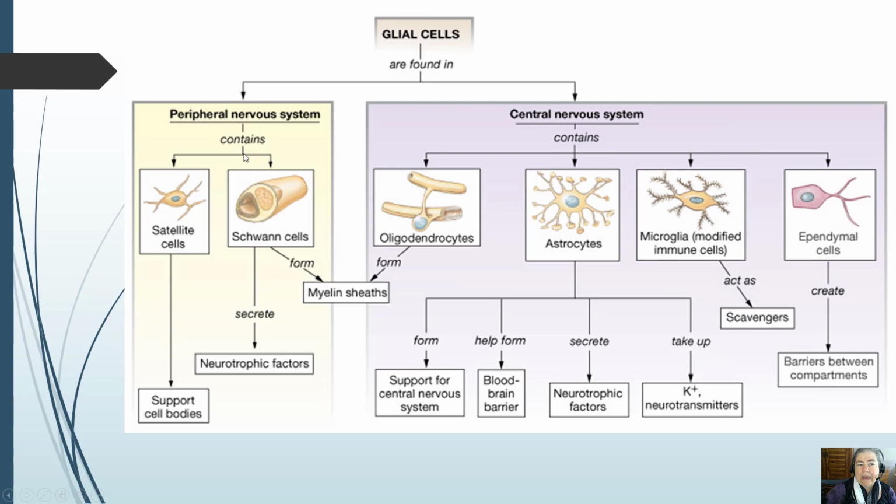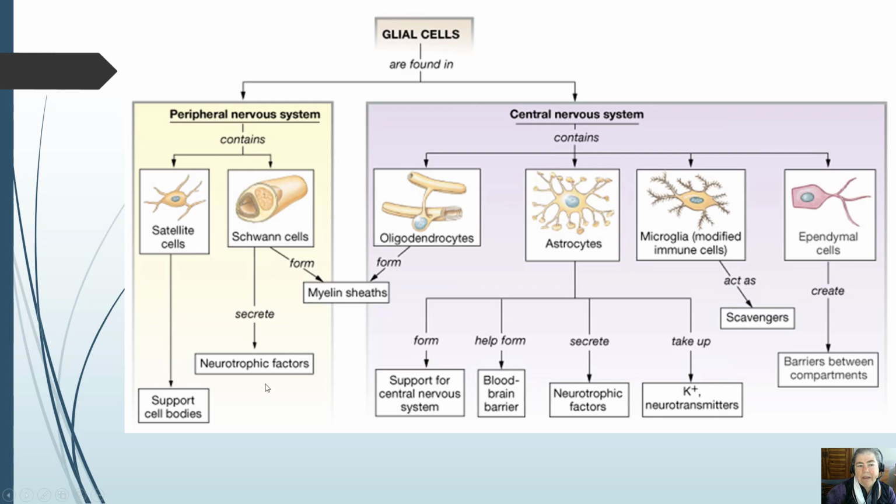Something in addition glial cells do is that they make growth factors that help to promote the health and growth of neurons, and in fact, sometimes the reproduction of neurons. It's not true that you can't grow new neurons.